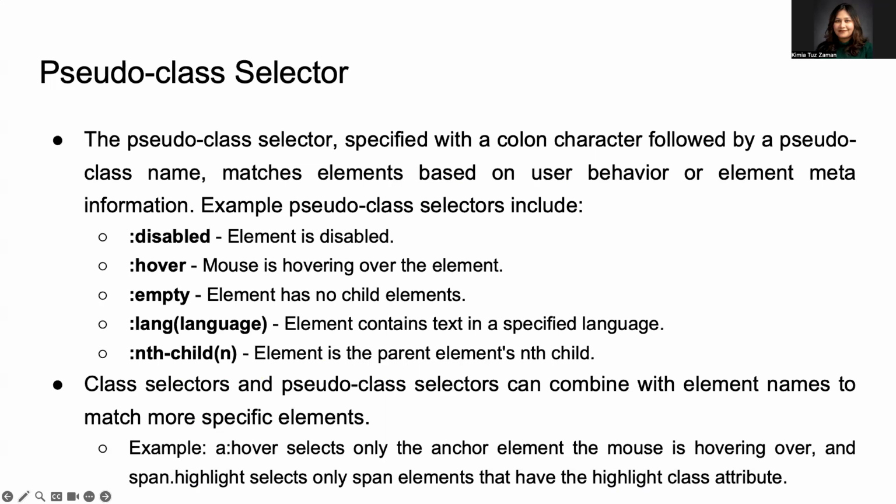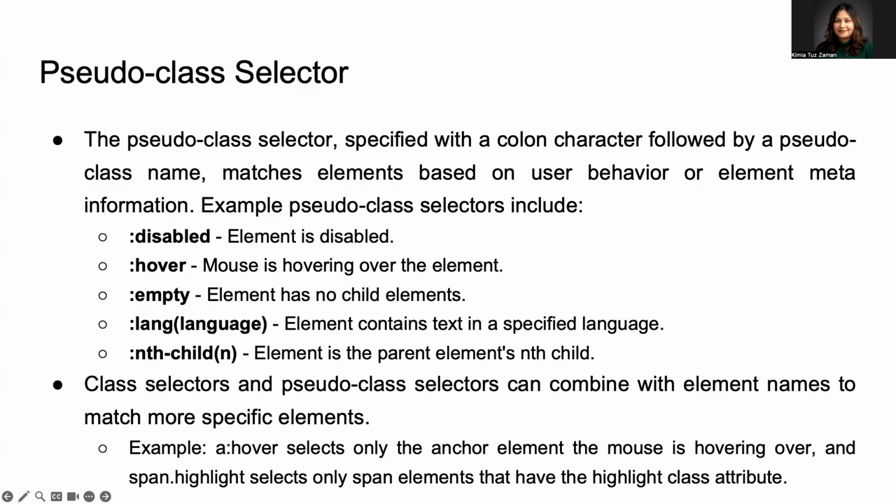For example, :disabled applies styles to an element when it's disabled. :hover applies styles when the mouse is hovering over it, and :empty applies when an element has no child content. There are also others like :lang for text written in a specific language, and :nth-child(n) to target the nth child element inside a parent.